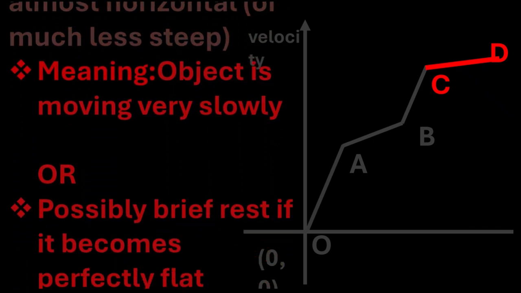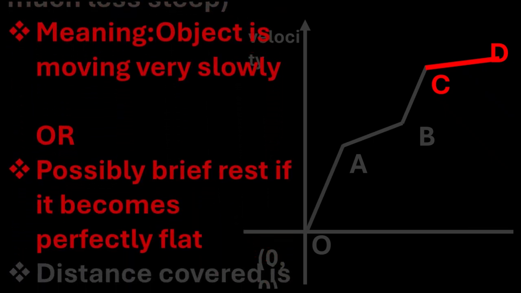So the object is either moving very slowly if this is less steep, or if line CD is almost parallel to the x-axis, parallel to the time axis, it means that possibly the object is at brief rest. So if less steep, it is moving very slowly.